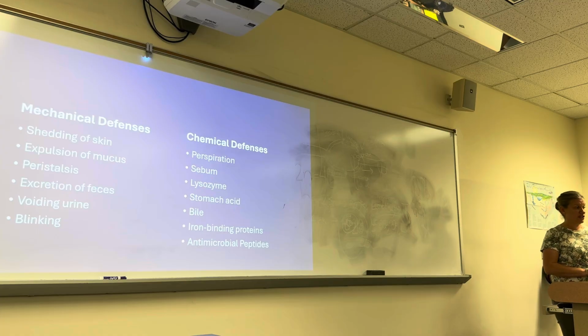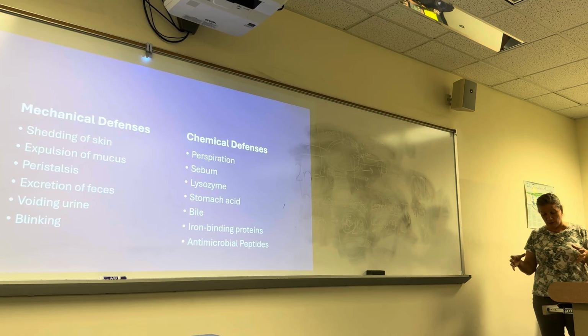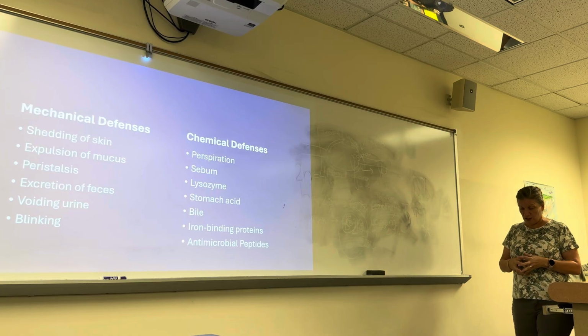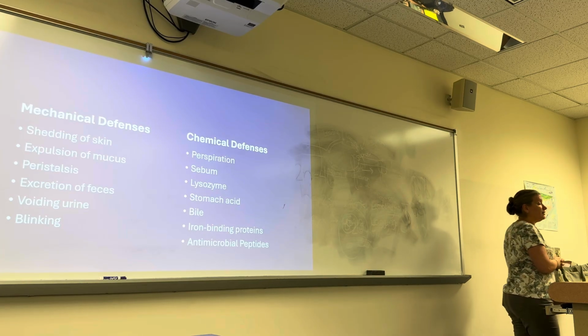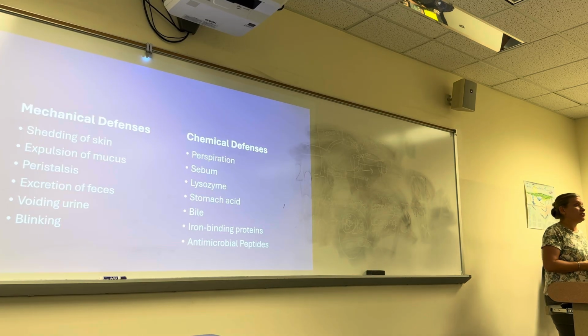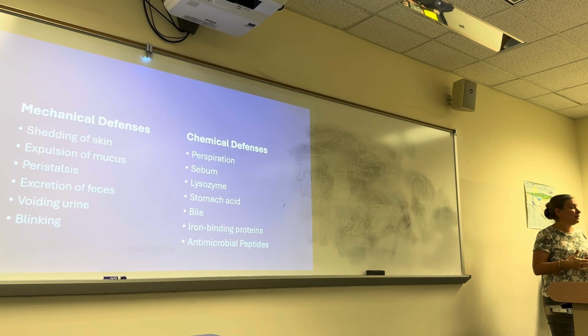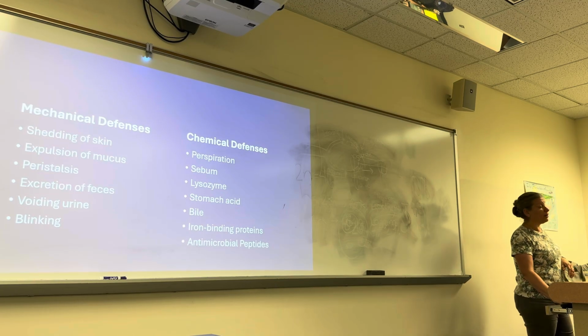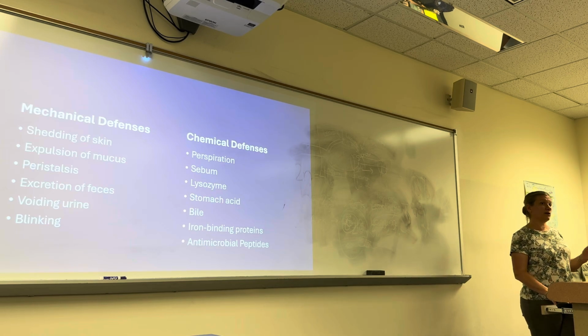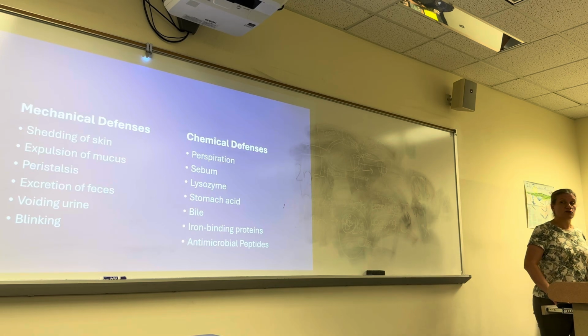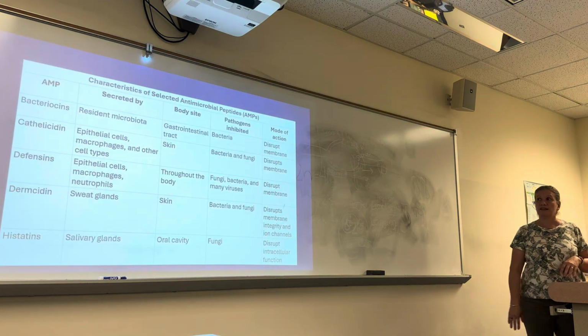Some of them actually assemble into fibers that assemble together to create these fibrous traps that then trap bacteria, making them easier to remove from the system. The antimicrobial peptides tend to be broad spectrum, effective against bacteria in general, both gram-positive and gram-negative, as well as your fungi.